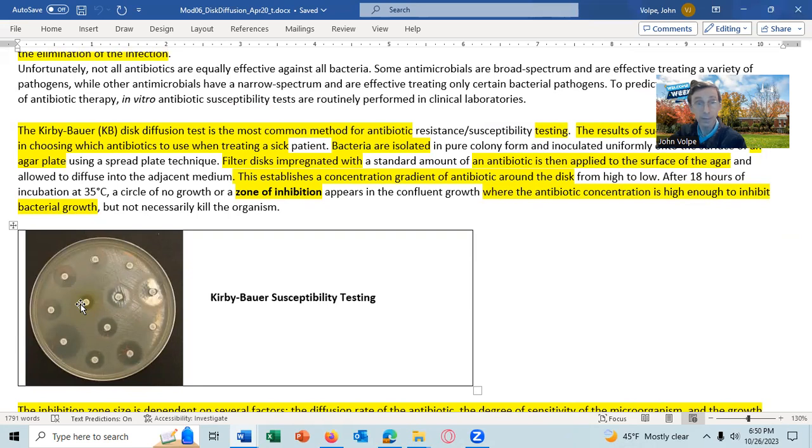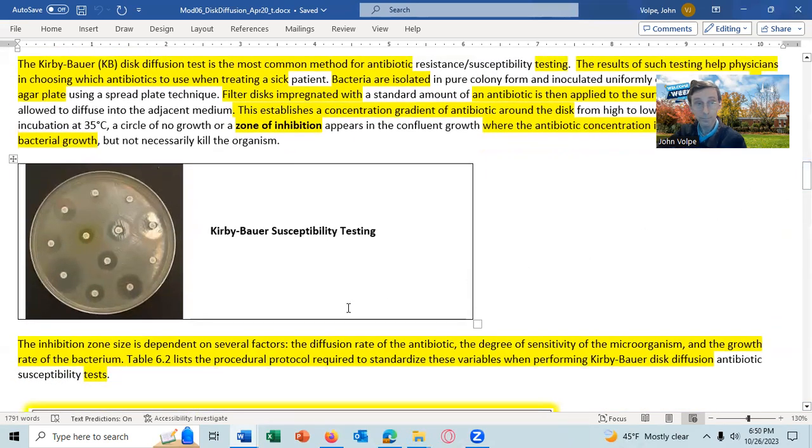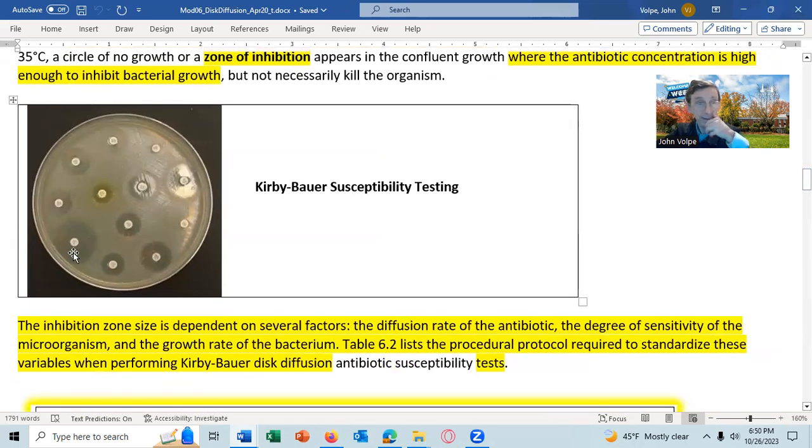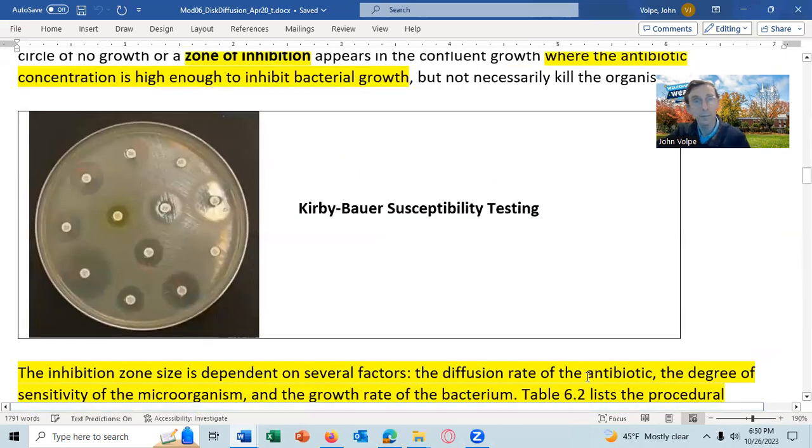Now, the greater the zone of inhibition does not necessarily mean that the antibiotic is more effective. Let me blow this up. That should be good enough. So from here, we see this one has the greatest size of the zone of inhibition. Let me blow it up a little more. But is it the best antibiotic?